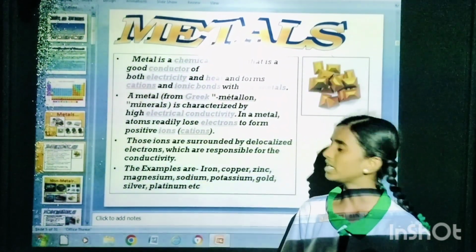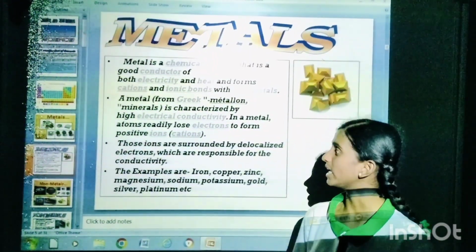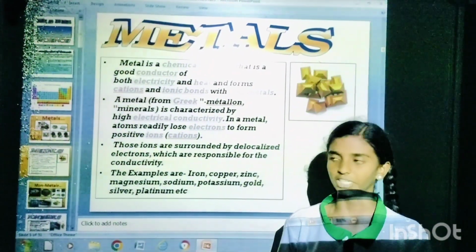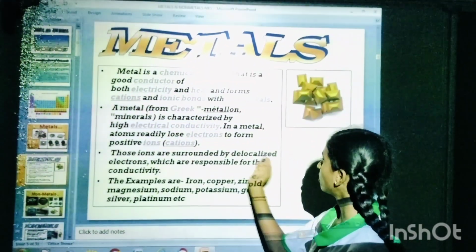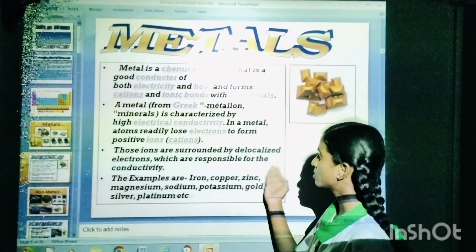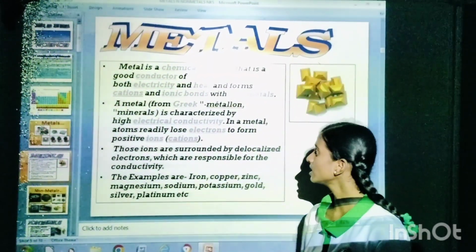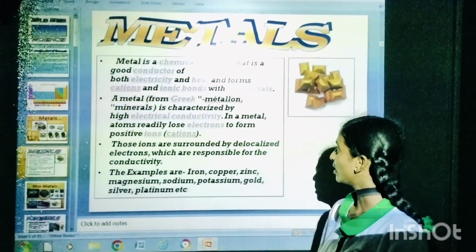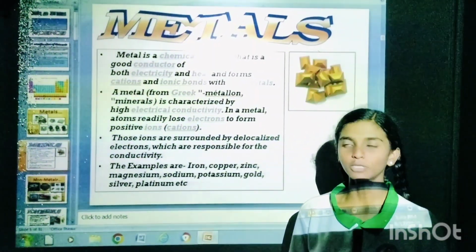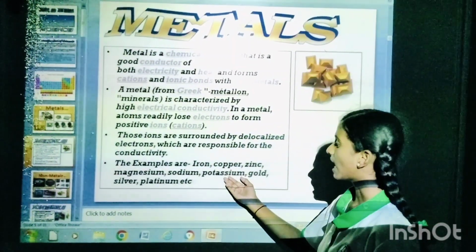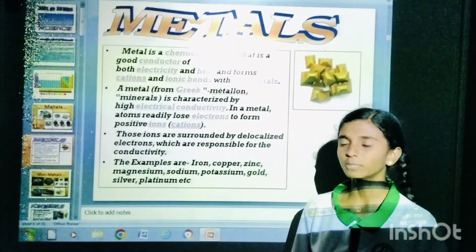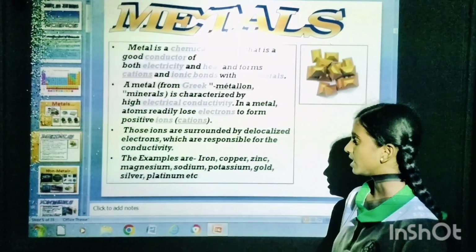Those ions are surrounded by delocalized electrons, which are responsible for the conductivity. Examples of metals are iron, copper, gold, platinum, magnesium, sodium, etc.